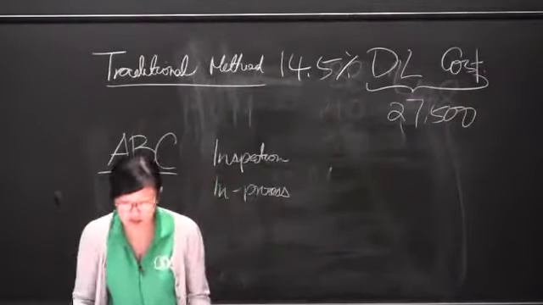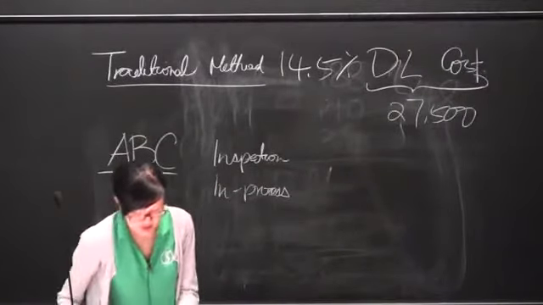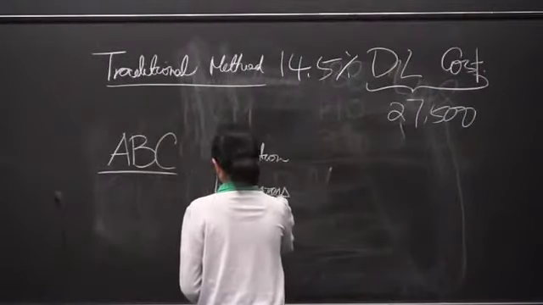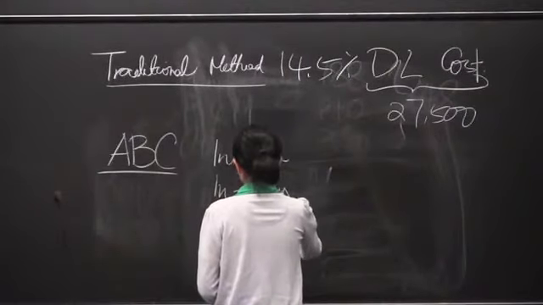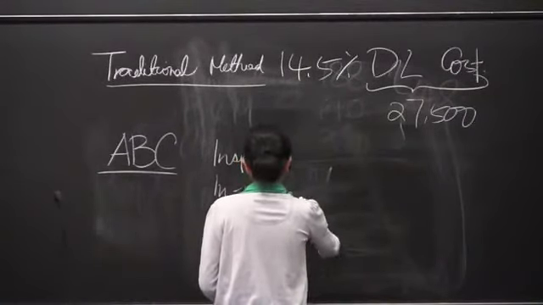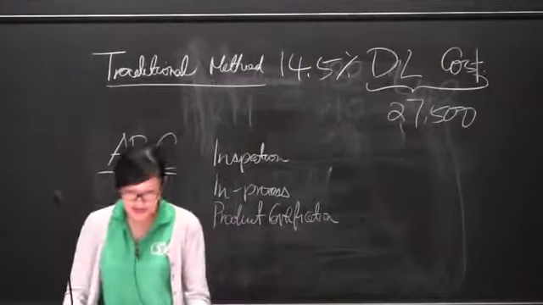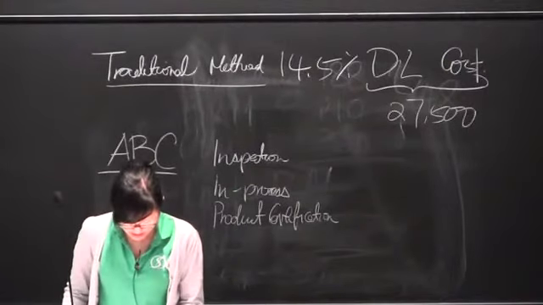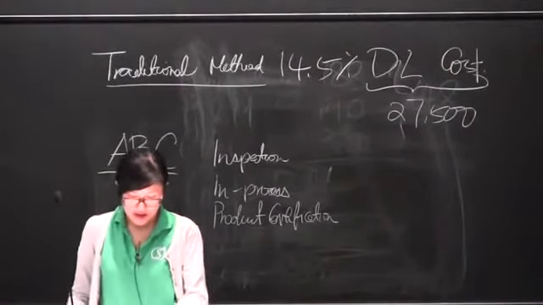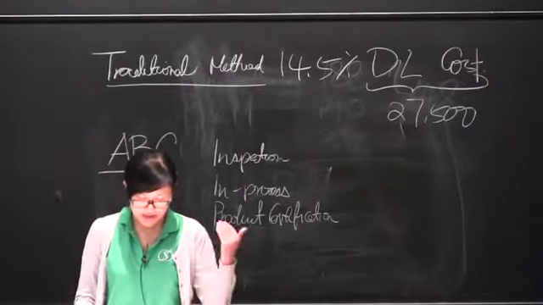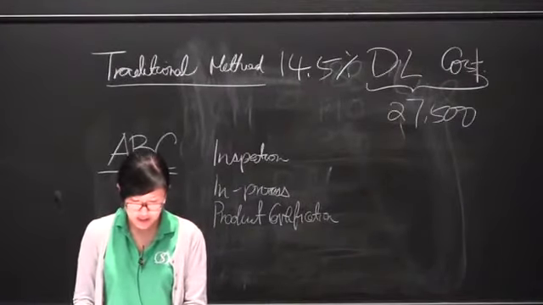And the last one is product certification. So they're asking you ABC, and they give you all these numbers. So basically, it's your cost driver times whatever they gave you.